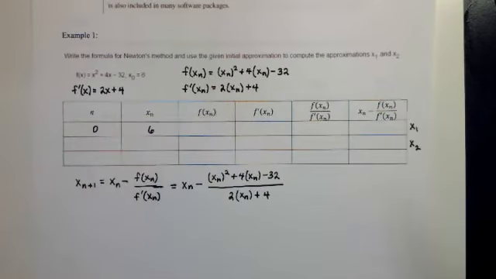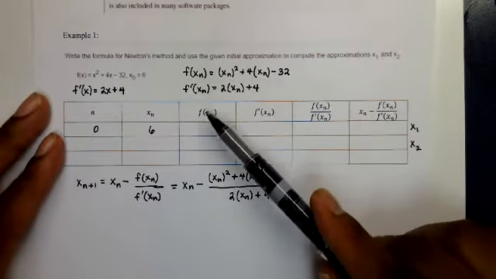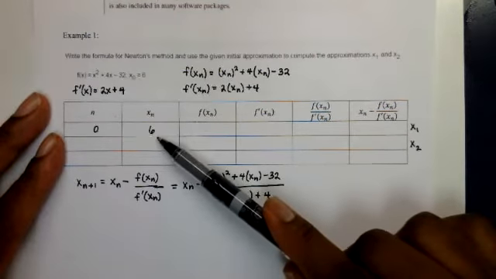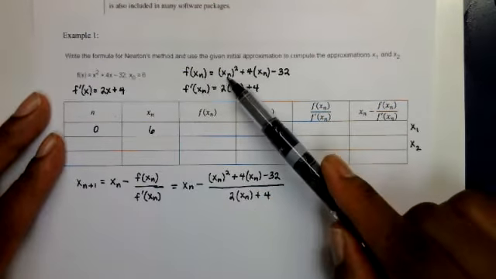Okay, let me show you how this is worked out. For f of x sub n, x sub n is 6. So that means for each x here in f of x, I need to replace it with the 6. And if you want to, you can use the calculator to do this.